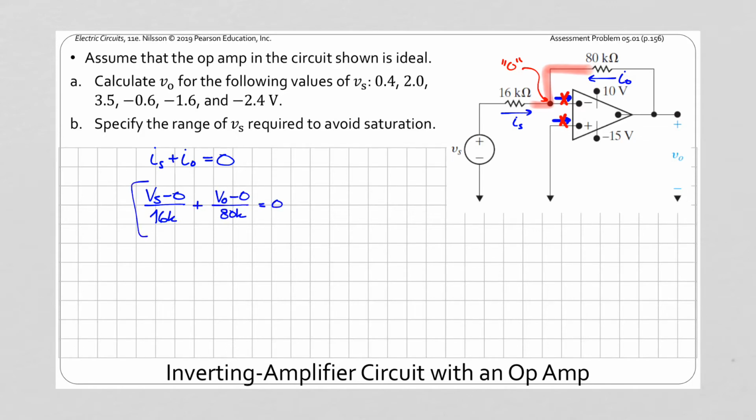In this case, I'm going to multiply through by 80K. 80K times 0 is 0, that doesn't change. 80K and 80K cancel, and the 80K and the 16K cancel, and I get a factor of 5 left. 80 divided by 16 is going to be 5.